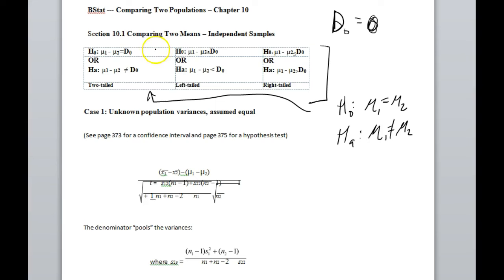Rather than putting 0 in for d naught, you could put in 5 or something, and then run your hypothesis test to see if mu1 differed from mu2 by specifically 5 units.